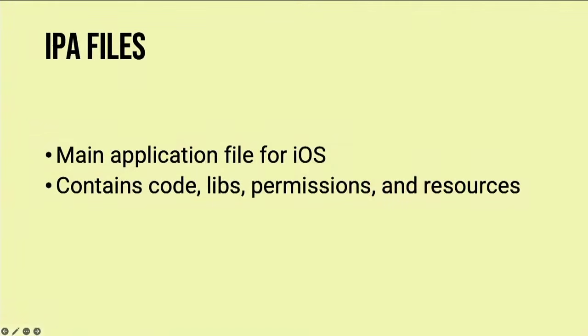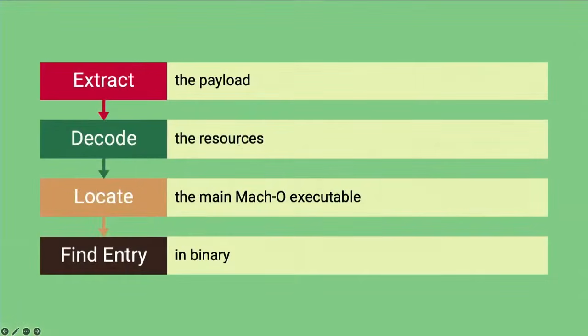First of all, I talked about IPA files. What are IPA files? They're the main application bundle type for iOS applications. They contain our permissions, our resources, the code, and all of the different relevant libraries necessary for the iOS application to actually execute. So currently, when we're reverse engineering iOS applications, we follow this kind of step-by-step process.